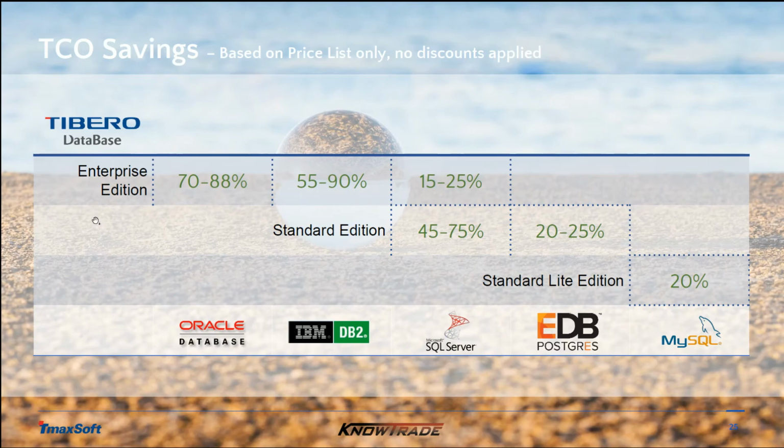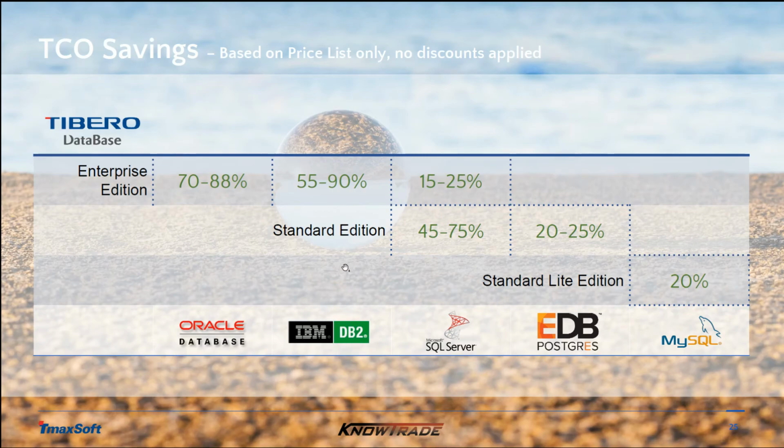Tibero has designed a range of editions to be competitive with any of the software that is already in the market. So you can indeed think that if your customer has Oracle database, at least they are going to save 70% of what they are spending right now.